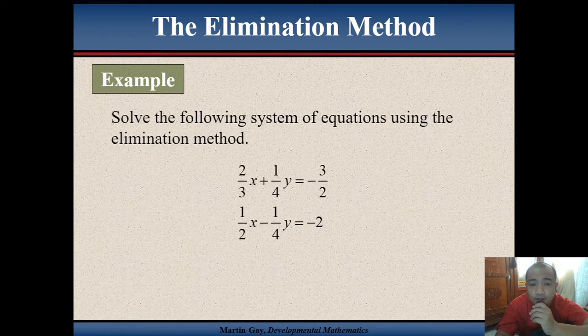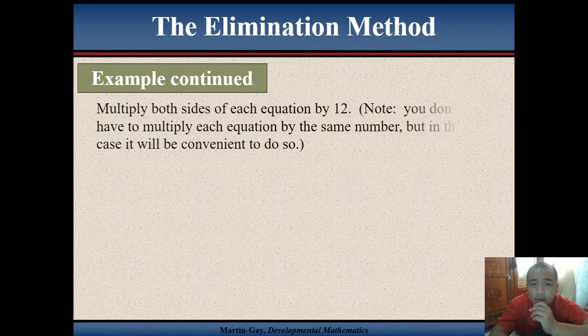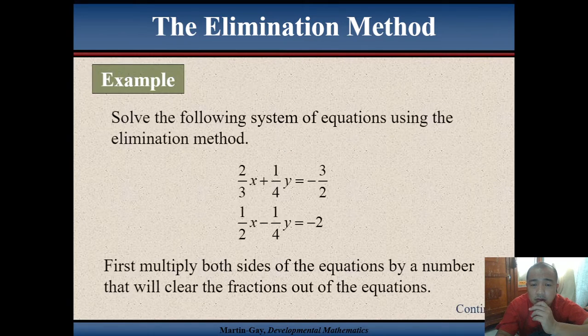Another example, how about this? 2/3 x plus 1/4 y equals negative 3 halves. 1/2 x minus 1/4 y equals negative 2. By the looks of it, we can eliminate the y variable. But first, let us multiply both sides of the equation by a number that will clear the fractions out of the equations.